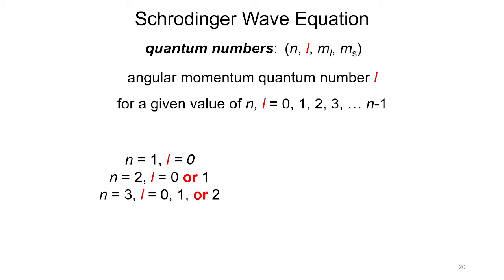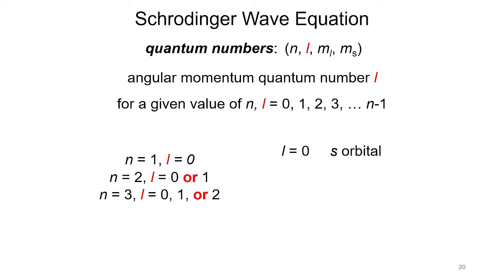So this is not a count, kumbaga sa Tagalog, hindi ito bilang. When we talk about the angular quantum number, this is a location. Okay? So for the first energy level, there is location 0. For the second energy level, there is location 0 and 1.